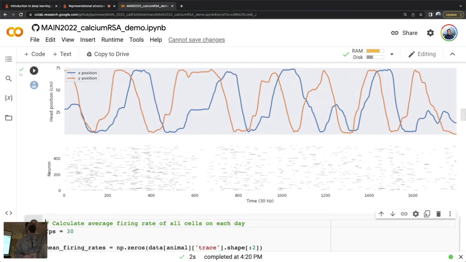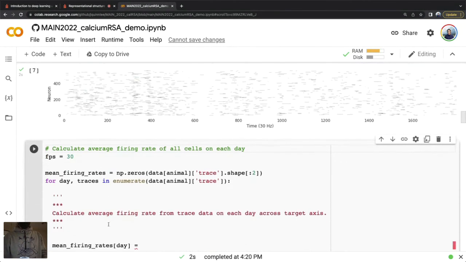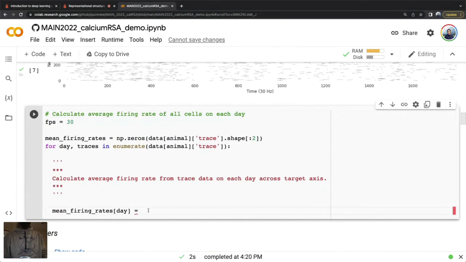So when we're building a rate map, we take the animal's position, and whatever firing is happening in the time series of neuronal data we have, we assign that activity to the position the animal's in. Could you explain that? Yeah, imagine the animal's walking around in a grid.